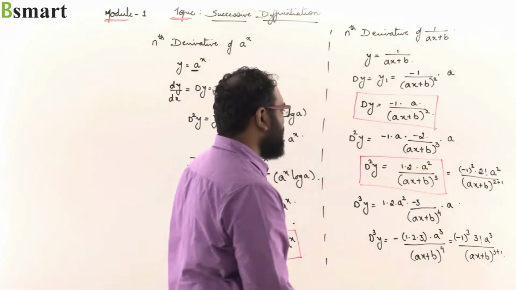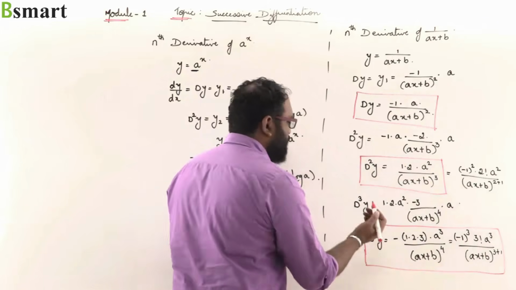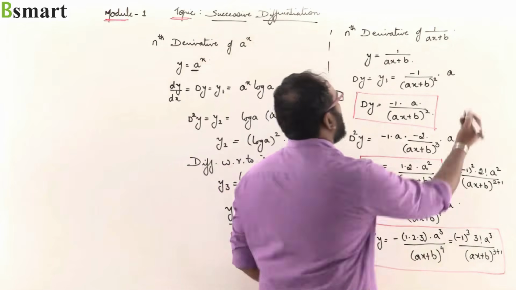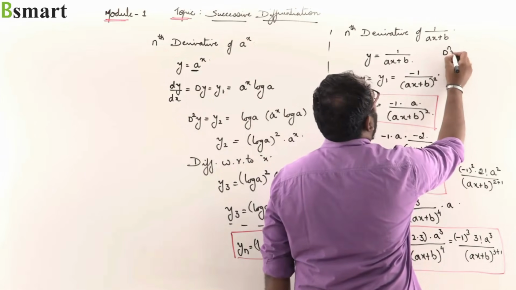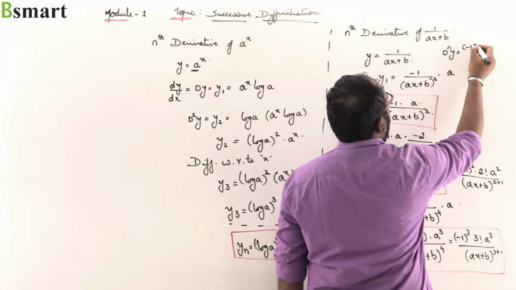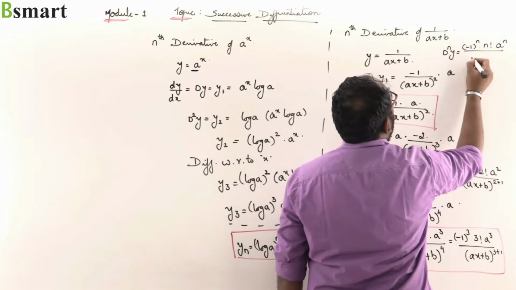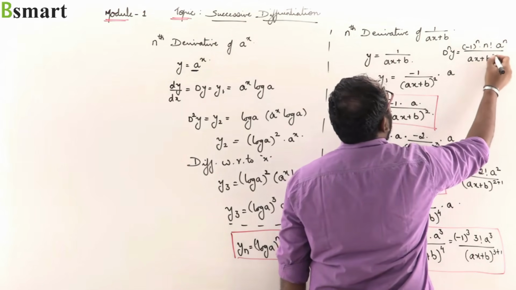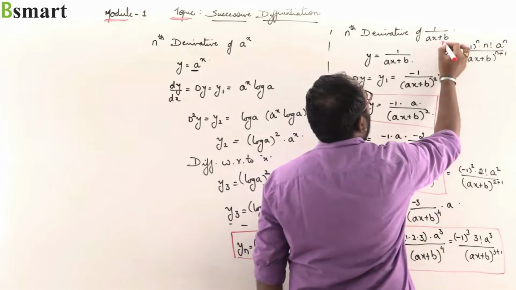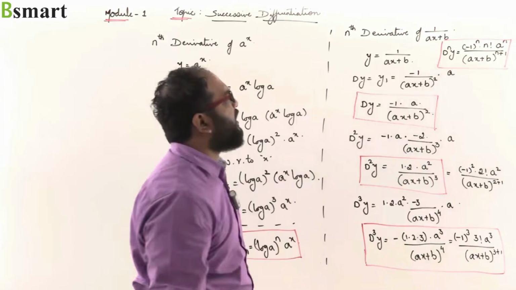Now in the same way, if we write the nth derivative of 1 by ax plus b, what we get is d to the power n y is equal to minus 1 to the power n into n factorial into a to the power n by ax plus b to the power n plus 1. So this will be the nth order derivative for 1 by ax plus b.